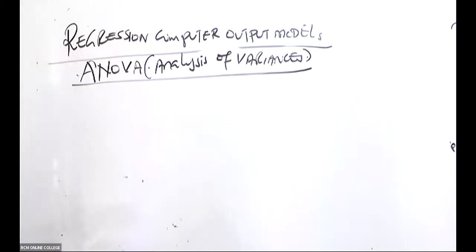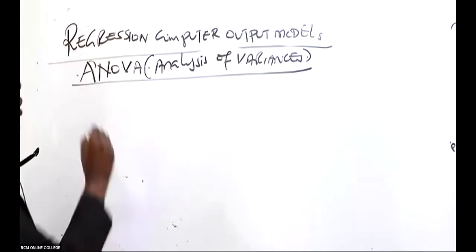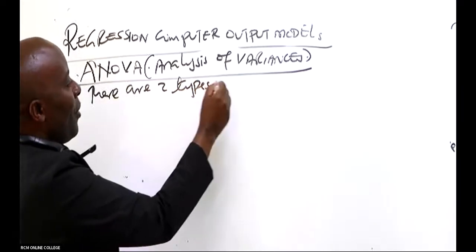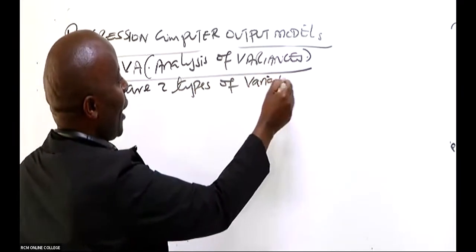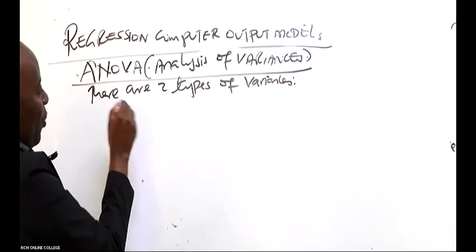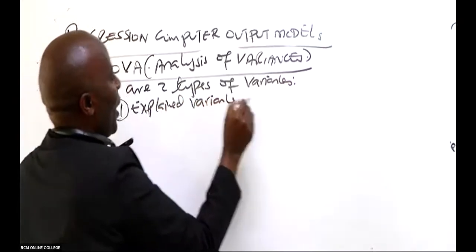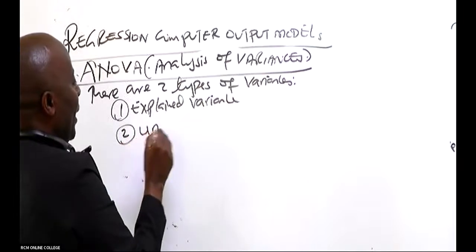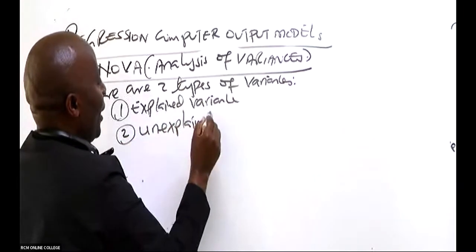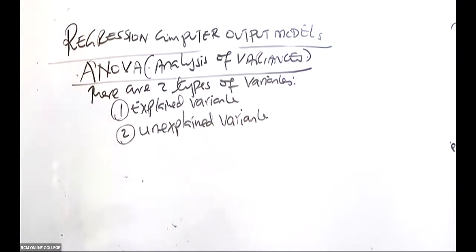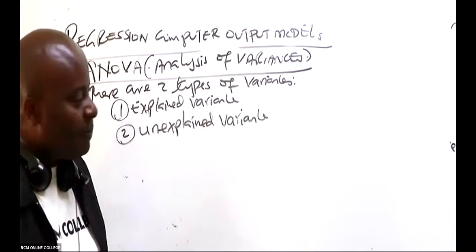For this ANOVA table, I have to give you a little bit of a story. There are two types of variances. Number one, what we call explained variance, and number two, what we call unexplained variance.